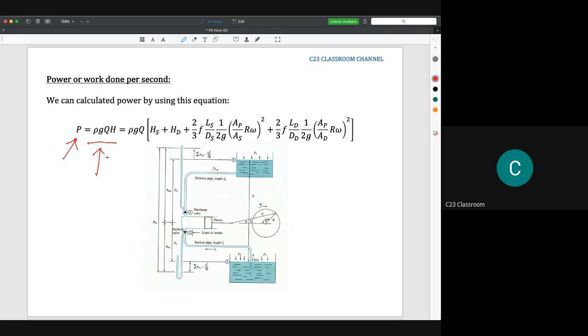Then gravity, and then we have the Q here, the flow rate, and we have the H. The H here represents the total capability of the piston pump to transfer water.